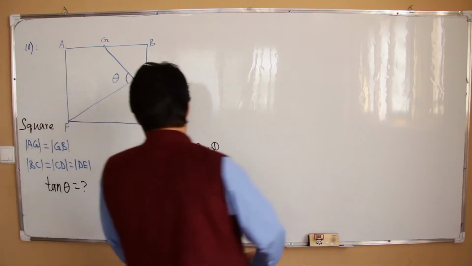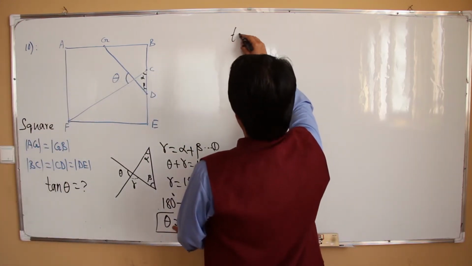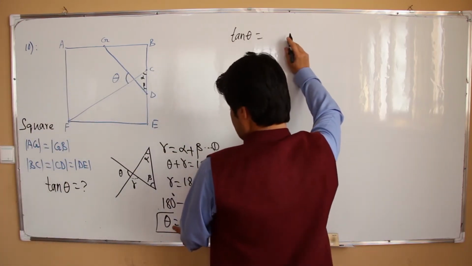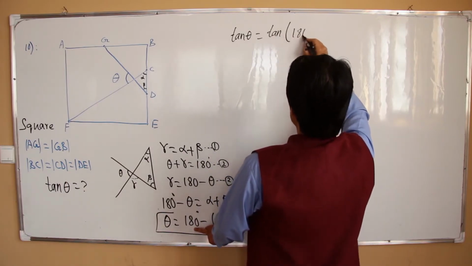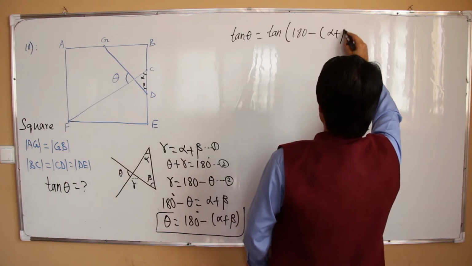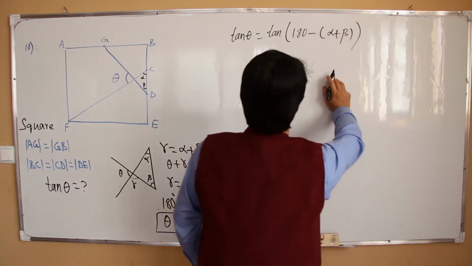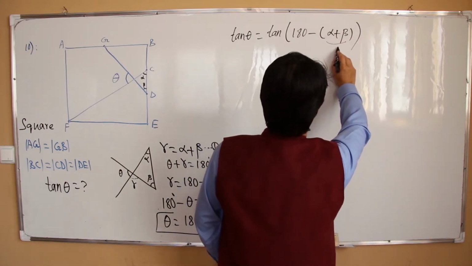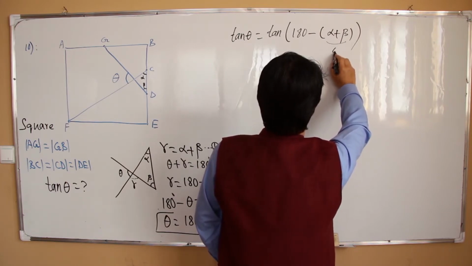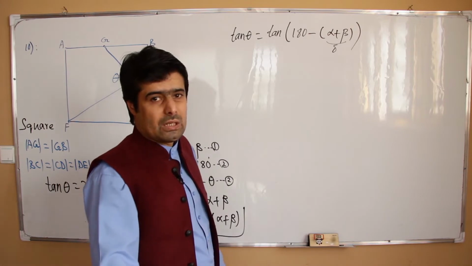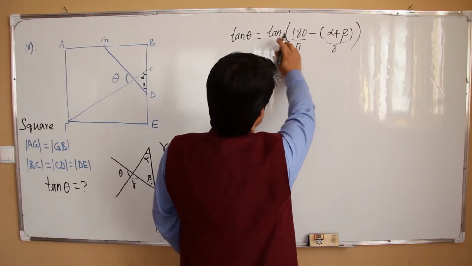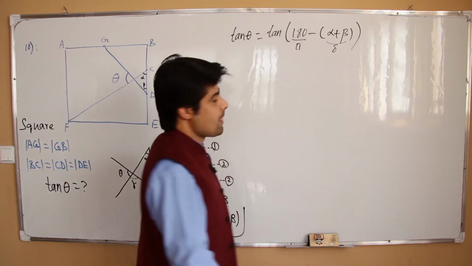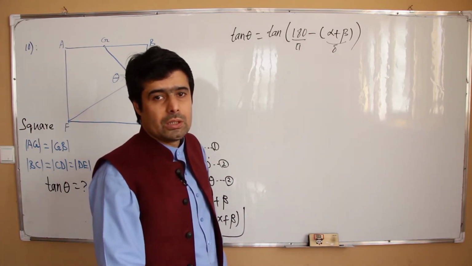Yes. Now, if I take tangent theta, it would be tangent of 180 minus (alpha plus beta). If I name this one as an angle, for example, sigma, whatever, tangent of 180, which is pi, minus some angle, what would it be?